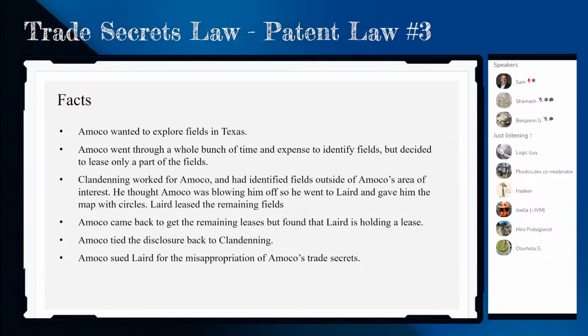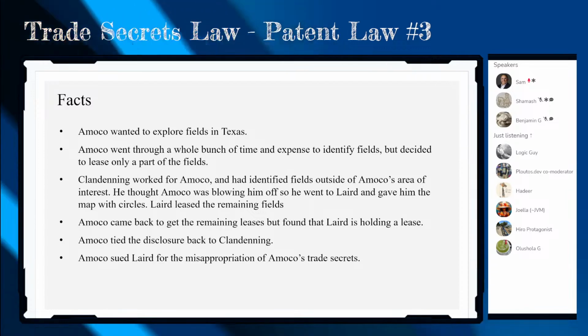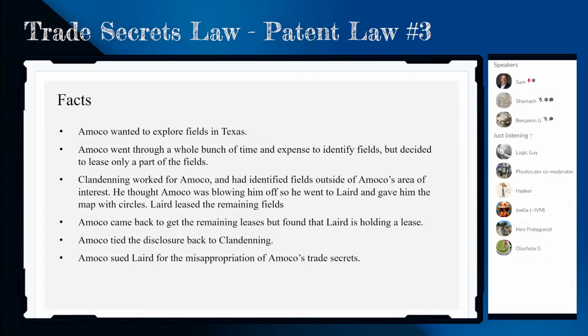Because Clendening is judgment proof. Clendening doesn't have enough money to pay all the damages that Amoco is going to be entitled to. Whereas Laird is a very, very wealthy individual and he can pay.